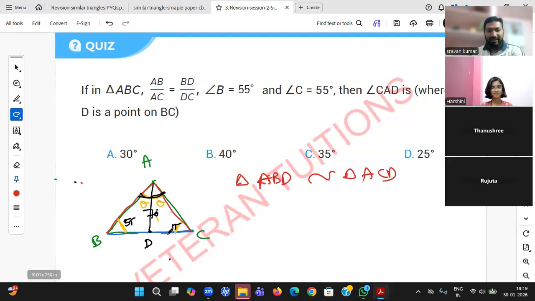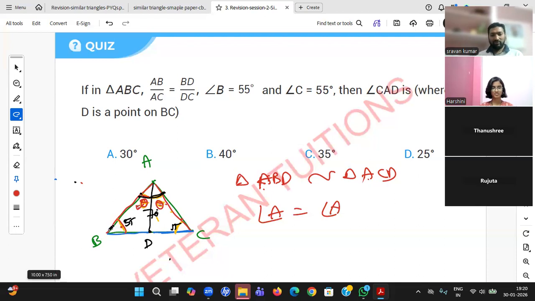Because the ratio BD to CD equals the ratio AB to AC, and the angles are both 55. So by SAS criteria, they both are similar. If they are similar, what will be the angle of A and A here? Angle A equals angle A. That means in this triangle, this will be theta, this will be theta. So the total is 70, so this will be 35, 35. Then only they both will be equal, right?